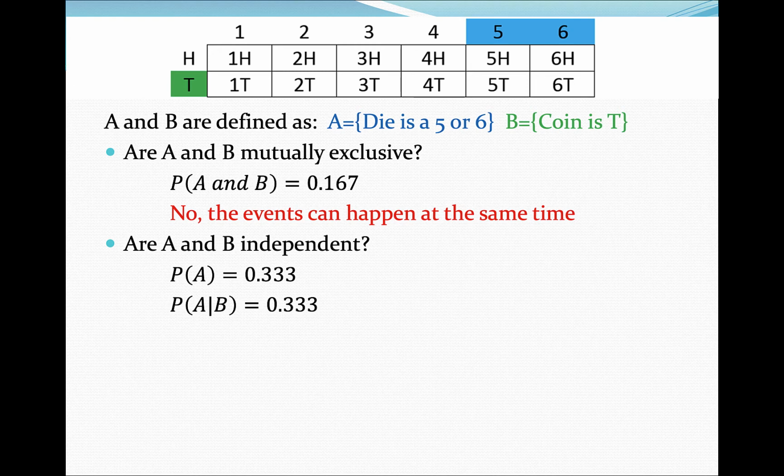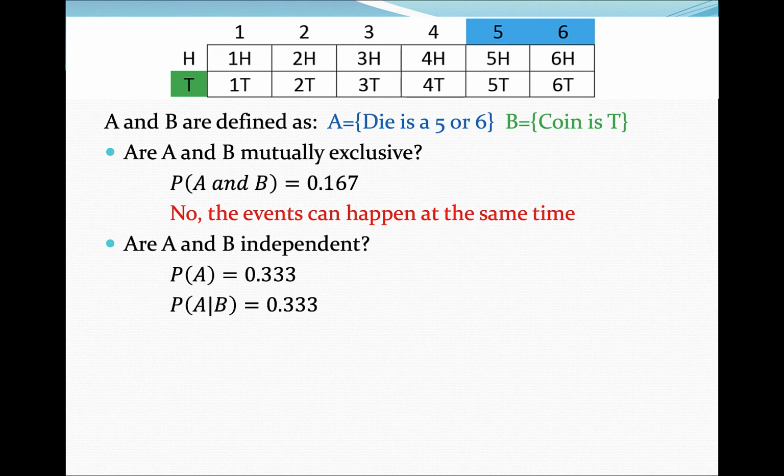The way this basically works is the probability of A given B means that given B has occurred, what's the probability of A? If that is the same as just the probability of A, then the fact that B occurred did not have an effect on the probability, which means we've satisfied the definition of independence. B occurring did not change the probability of A, so B had no effect on it, which means these two events are independent. That's the way this works.